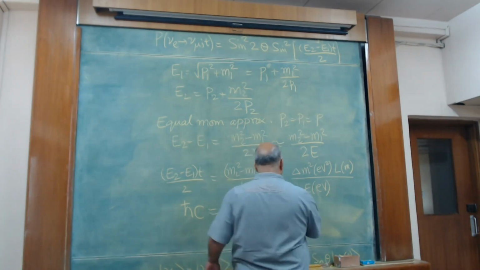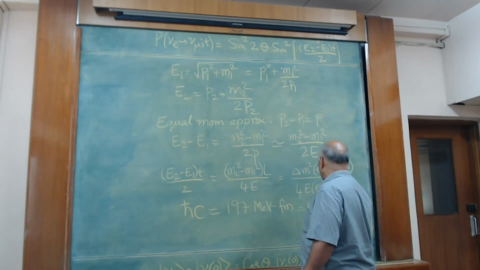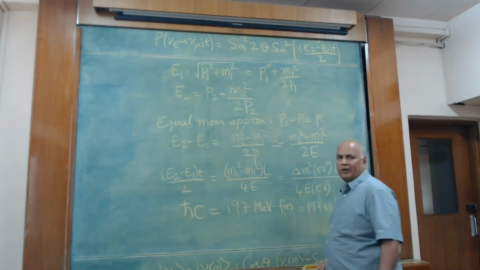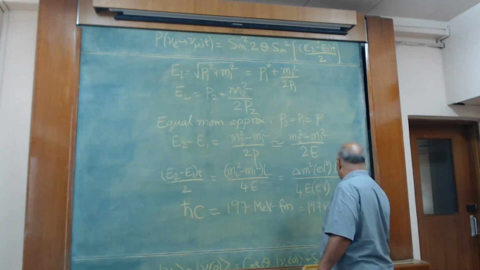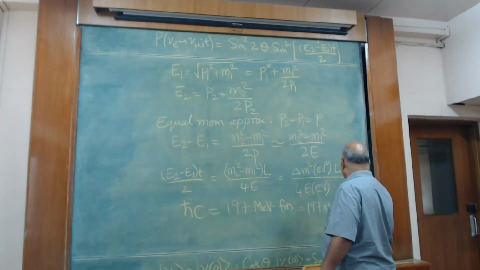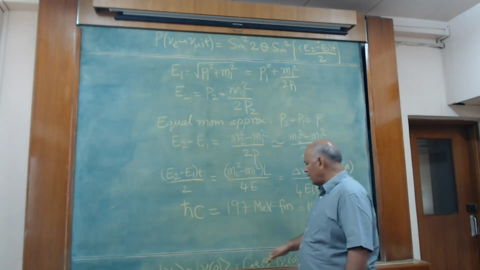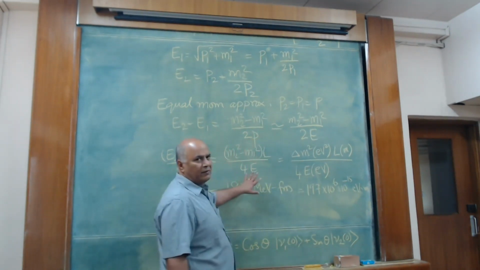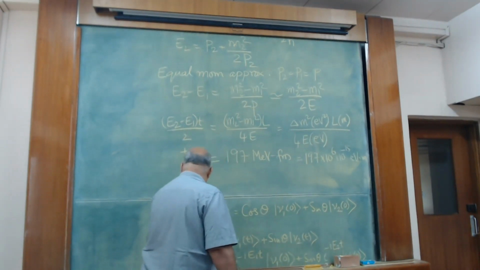So I will also convert this into eV meters. So this is 197 into 10 to the 6, and Fermi is 10 to the minus 15 meters. So I divide. By the way, this 197, well, let's keep it 197.